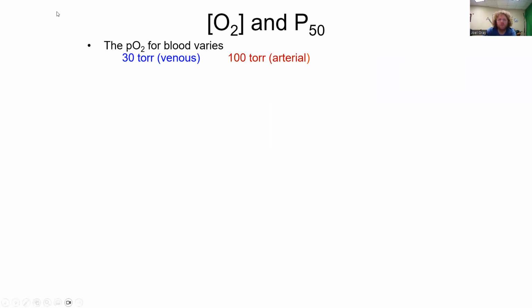Well, the PO2 for blood is going to vary, whether it's arterial or venous blood. Venous blood, the PO2 is approximately 30 torr. Arterial blood, it's 100 torr. So the pressure of oxygen is much higher in the arterial blood than it is in the venous blood.